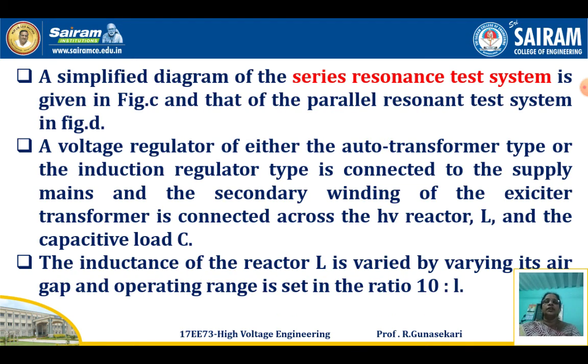Now the explanation of the series resonance AC test system. A voltage regulator of either the autotransformer type or induction regulator type is connected to the supply mains, and the secondary winding of the exciter transformer is connected across the high voltage reactor and the capacitor load C. The inductance of the reactor L is varied by varying its air gap, and the operating range is in the ratio 10:1.